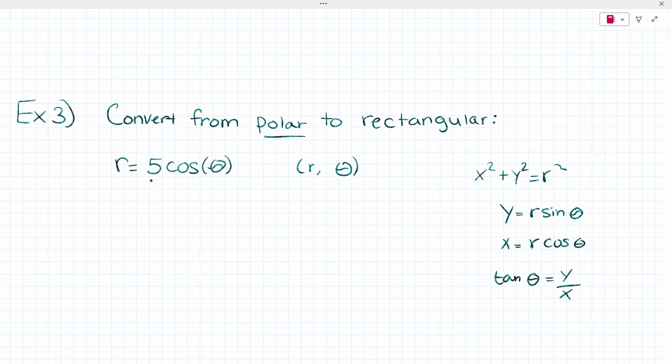Okay. So here's the thing. What if I multiply, because we need some kind of r squared, what if I multiply both sides by r?